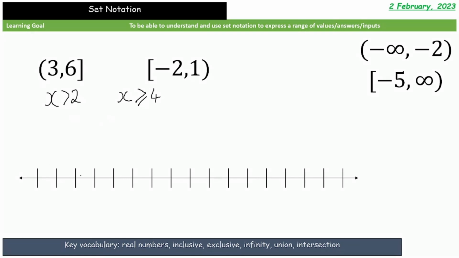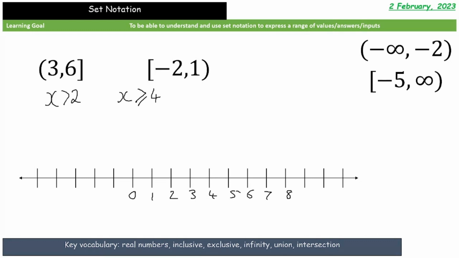If I was to express that on a number line, let's just write some numbers in here. So we've got 0, 1, 2, 3, 4, 5, 6, 7, 8, and so on. I'm not going to worry about the negatives because we're not going to do that today, but it would be the other way around.